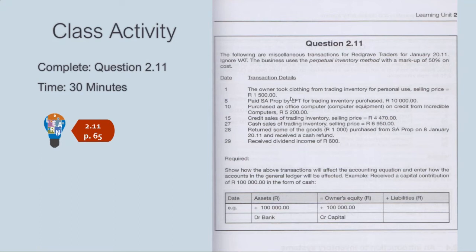So if our owner takes something out of the business for their own benefit, where do I take it? To drawings, that's correct.